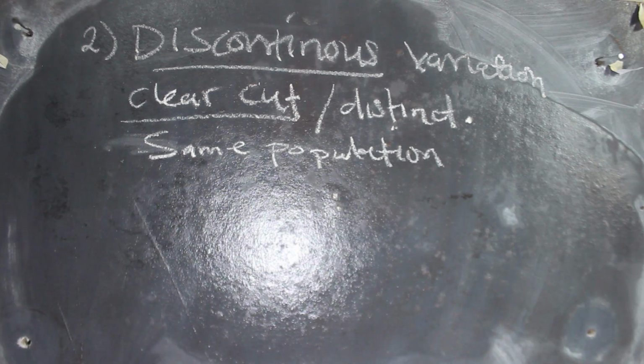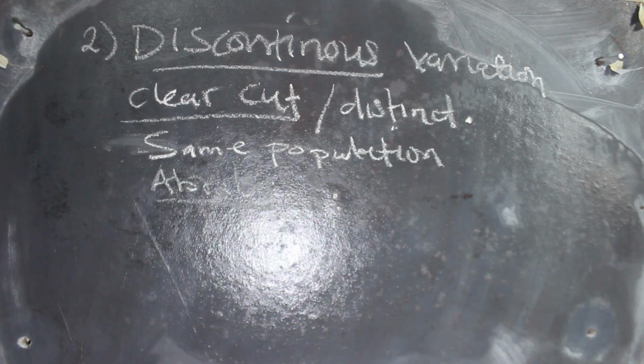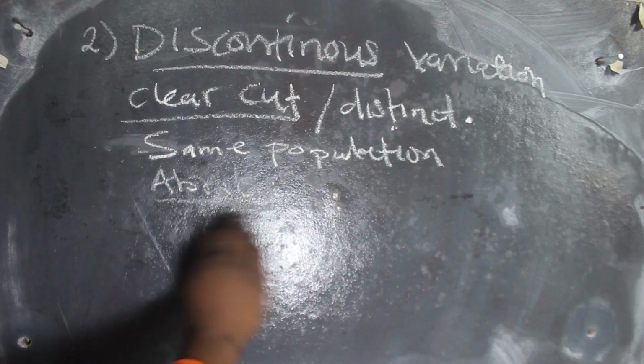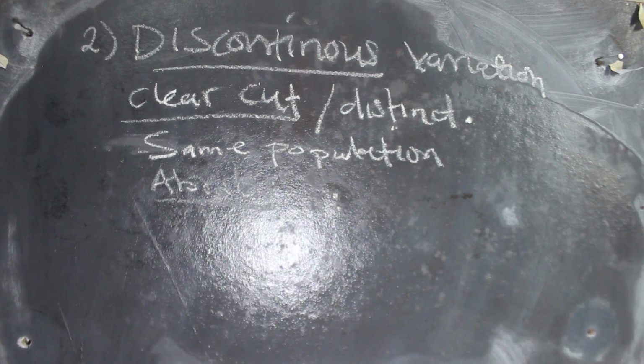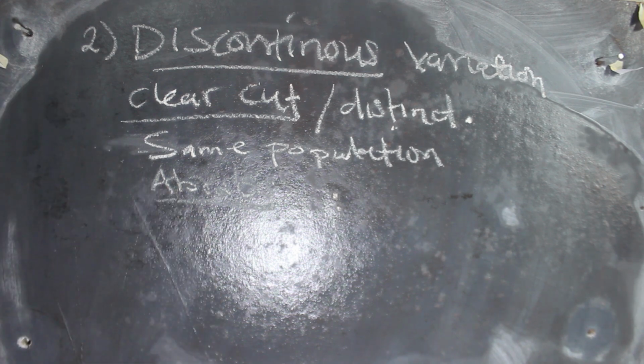For example, we are Arabs, but amongst these Arabs, you can find that not all of them have the same blood group, or the same skin tone, or the same color of the eyes. So they have that difference amongst them. You have a clear cut amongst themselves.